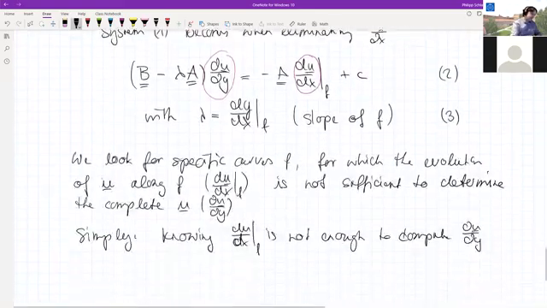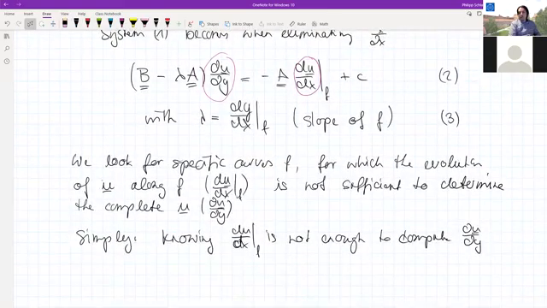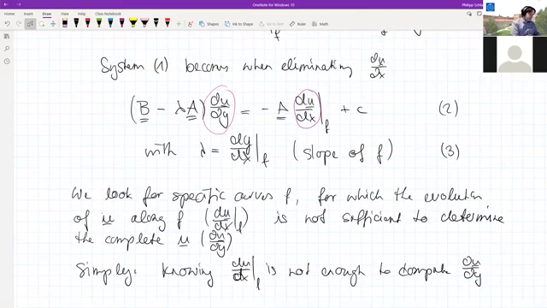Okay, how can we translate this into mathematical language? I'm looking for specific curves where knowing du/dx is not enough to calculate du/dy. What does that mean in terms of the mathematical formulation?